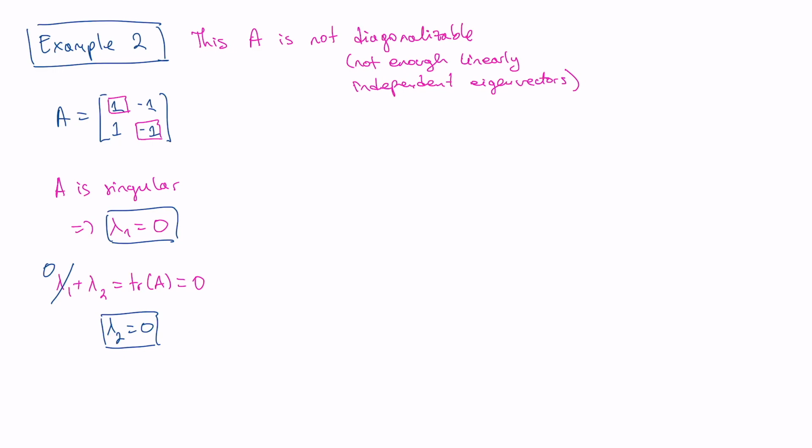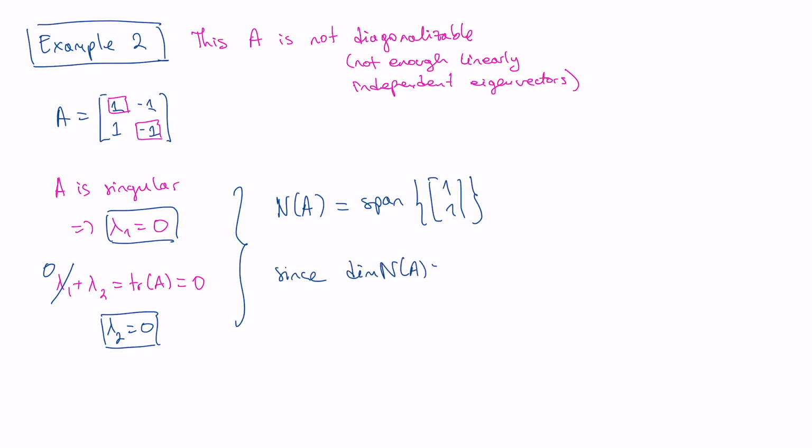We cannot find enough eigenvectors. So the null space of A is where the eigenvectors are. And this null space of A, as you can see, is just the span of the vector 1, 1. Since the dimension of the null space of A is 1, and you have the eigenvalue 0 repeated twice, you wanted to have two eigenvectors, but since the dimension is only 1, we cannot diagonalize A.